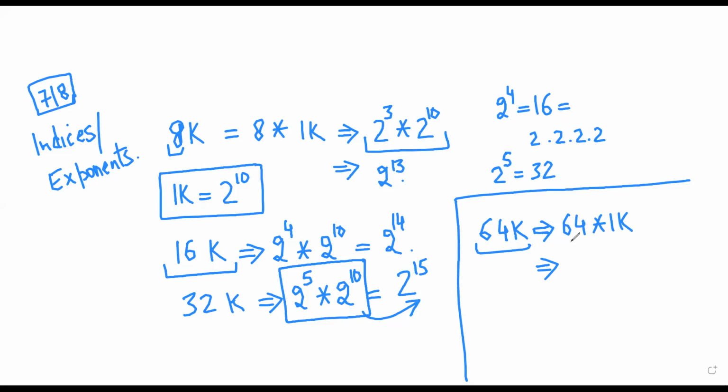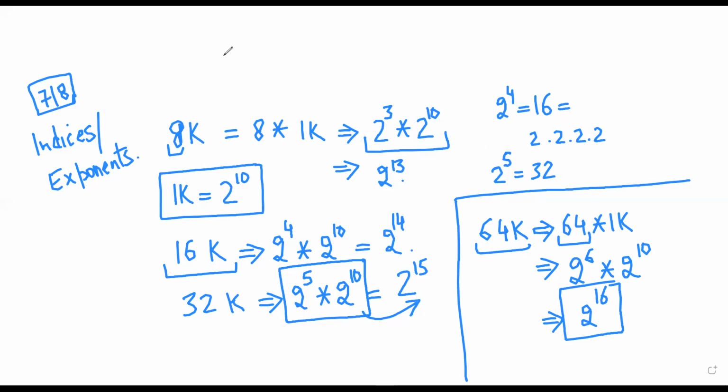So 64 is 2 raised to 6. 2 raised to 6 into 2 raised to 10, which is equal to 2 raised to 16. Sanvi, any doubt? No, sir. Mr. Satya, any doubt? No, sir.